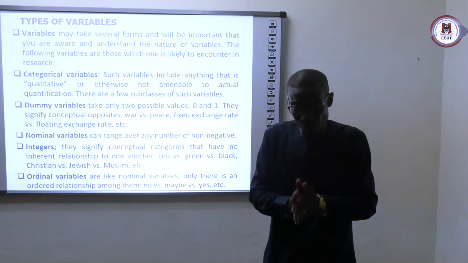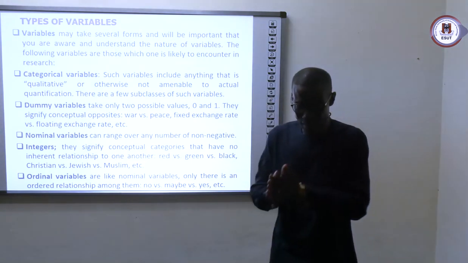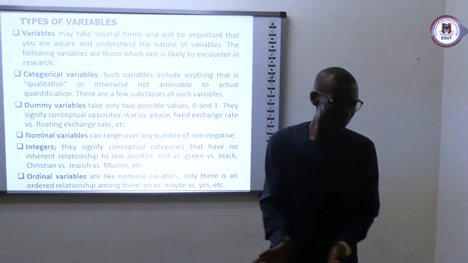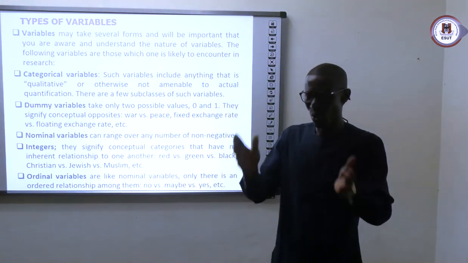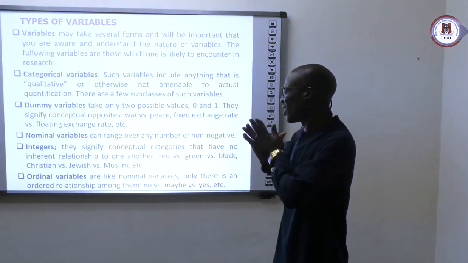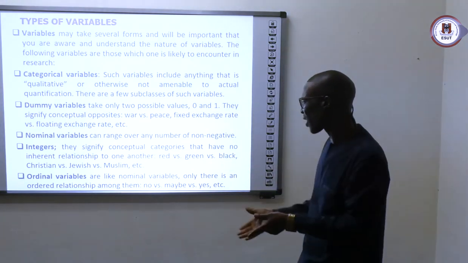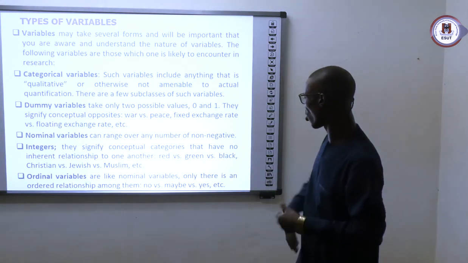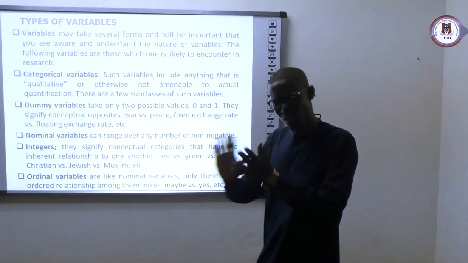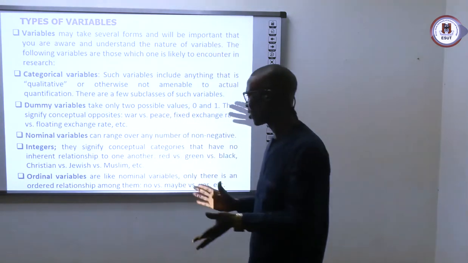For instance, the age of a person: the person is either 1 year or 2 years, so 1.5 years does not matter. For it to be an integer, it must be a whole number. We could as well describe a relationship as red or green, black or blue, Christian, just categorically. An integer is just a point, a straightforward measure.